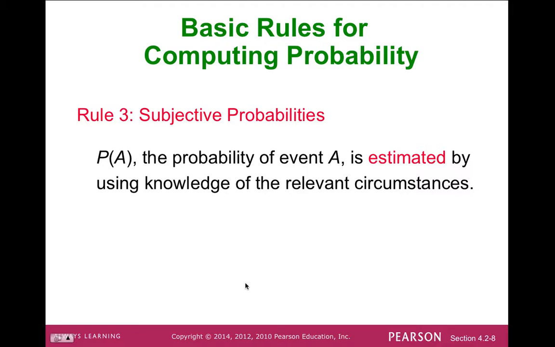Okay, the final rule for computing probability is called subjective probabilities. And this is where the probability of event A is estimated by using knowledge of the relevant circumstances. So a good example of this would be when you buy a lottery ticket and you say, well, I have a 0% chance of winning, or I have a 1 in a billion chance of winning. Those are using some knowledge of relevant circumstances, such as the fact that it's very unlikely to win the lottery, and guessing at a probability.